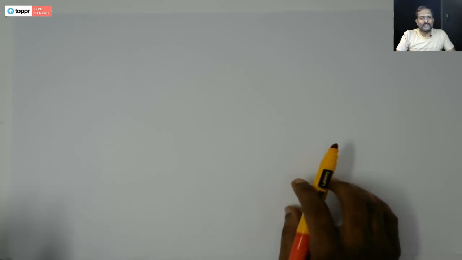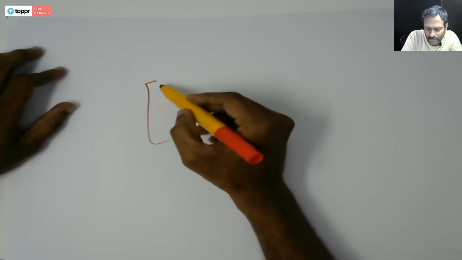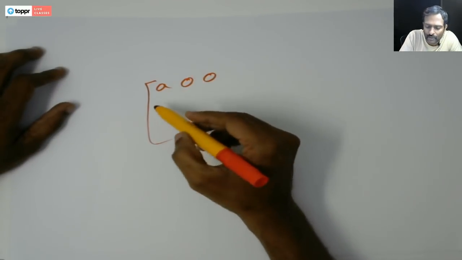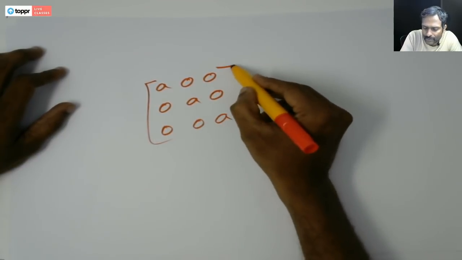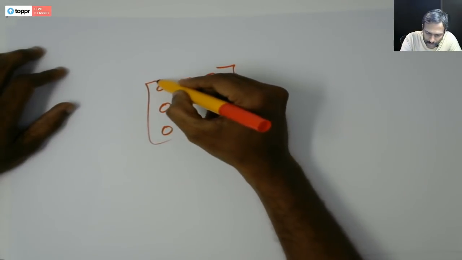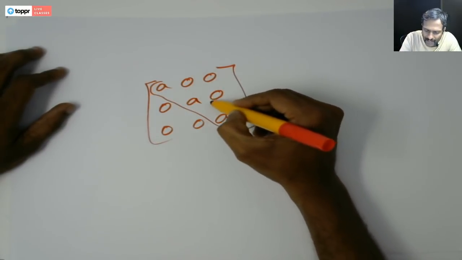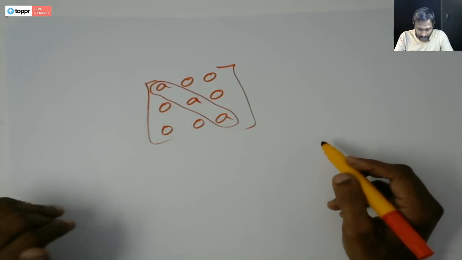Now let us talk about another matrix. Look at this matrix, see what you understand from this. What can you say about this? Like A00, 0A0, and 00A. So what is the speciality of this matrix? If you look at this carefully, you have the diagonal elements. All the diagonal elements are non-zero in the first place.